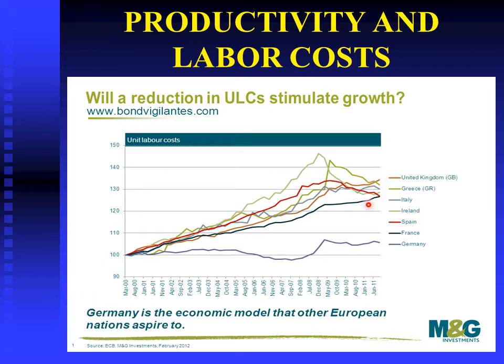Look at all the countries which have a current account deficit, or negative: Greece, Italy, Ireland, Spain, France, United Kingdom. They all have huge labor costs. In other words, these countries cannot compete against Germany, and that's why they have a huge trade deficit that cannot be solved. So the issue for these countries is competitiveness.